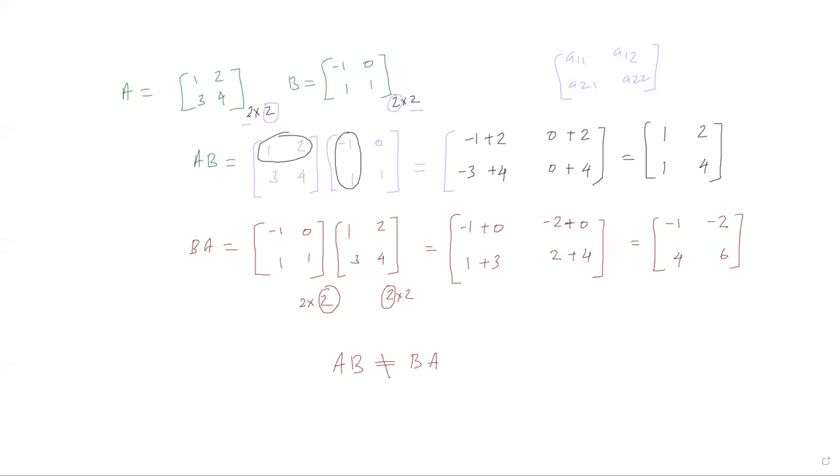Yes, sir. But there are situations where AB and BA are equal also. For example, A = [[1, 0], [0, 2]] and B = [[3, 0], [0, 4]].